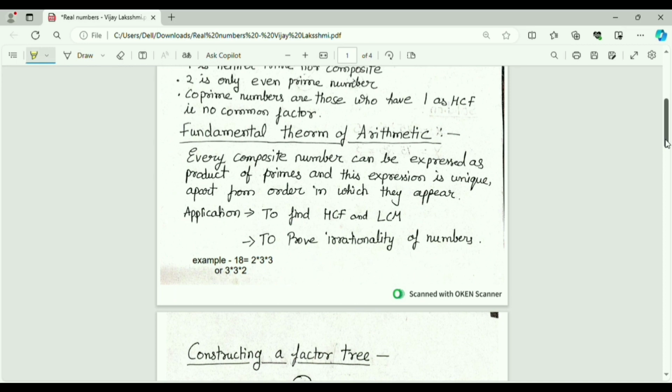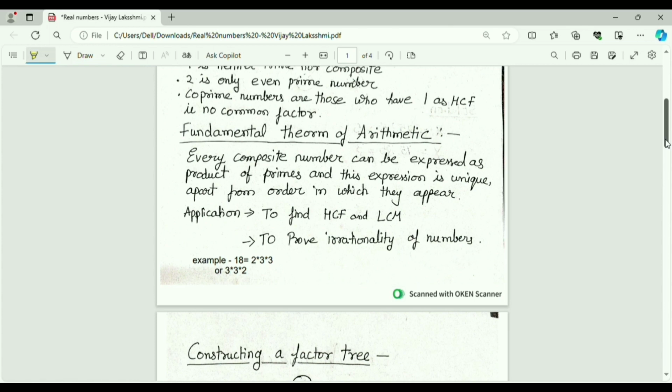Our next important topic is fundamental theorem of arithmetic. It says every composite number can be expressed as product of primes, and this expression is unique apart from the order in which they appear. We can see in the example, when we factorize 18, we get 2 into 3 into 3.